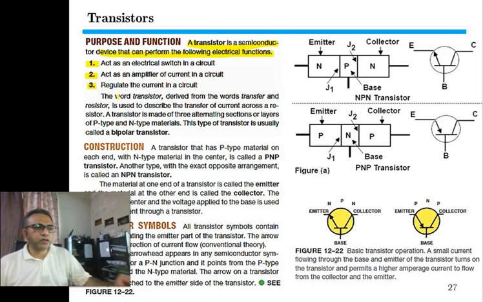Now, the word transistor is derived from 2 words. The first word is transfer, and the second word is resistor. Transfer of resistor, when we join them together, we get transistor. It is used to describe the transfer of current across a resistor.